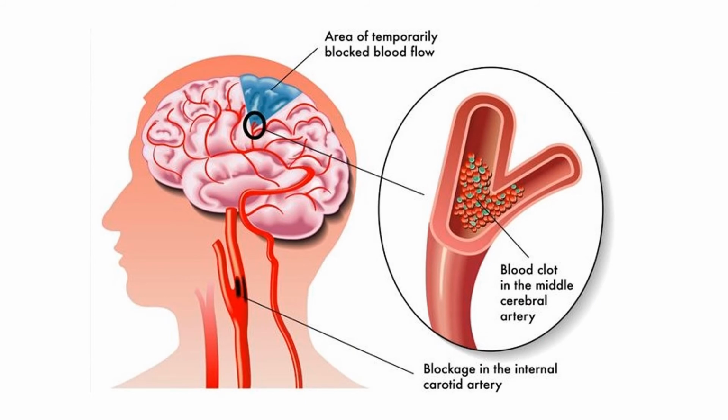Yet again, blockage in the carotid artery can happen. So it's down here, not in the brain itself, but right here. That's going to decrease the amount of blood that gets into the brain. Not good.